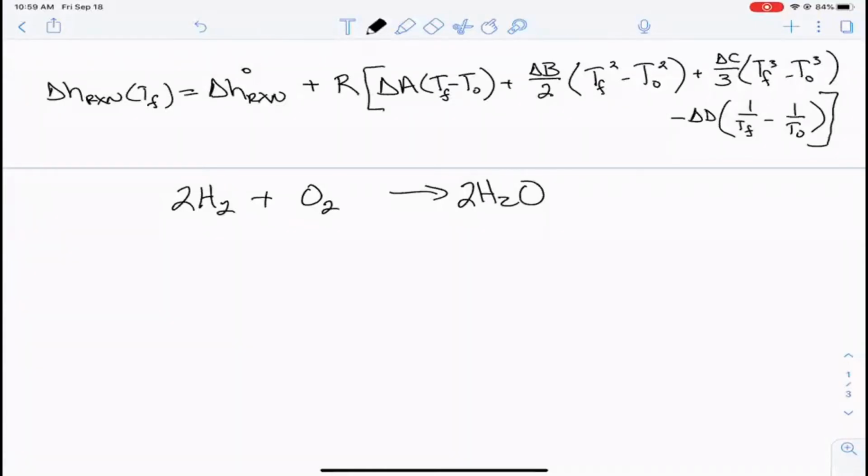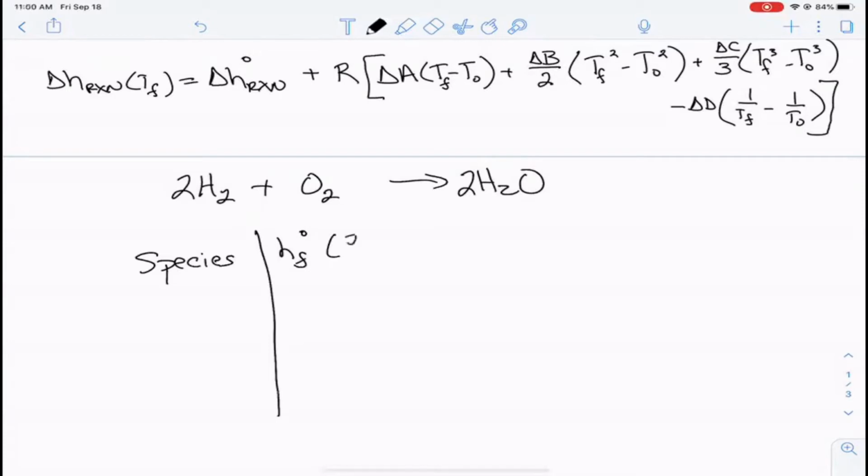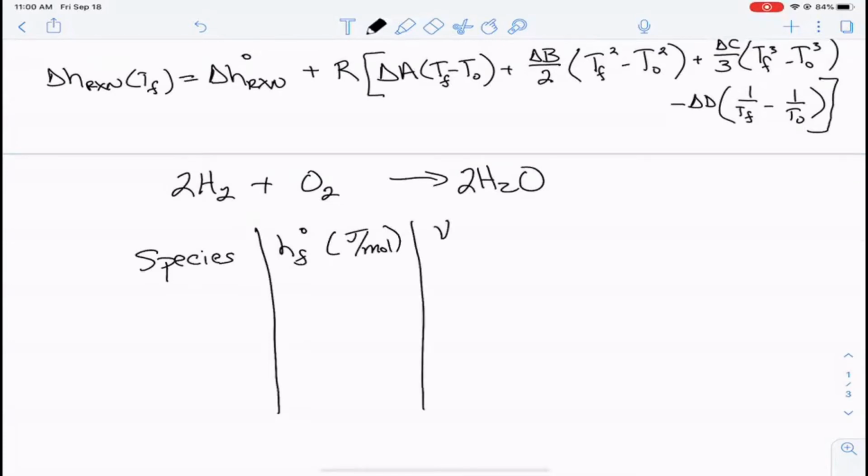And so I'm going to start what I did last time, and I'm going to make a table, right? And so I'm going to have species. I'm going to have the heat of formation of that species in joules per mole. I'm going to have the stoichiometric coefficient.